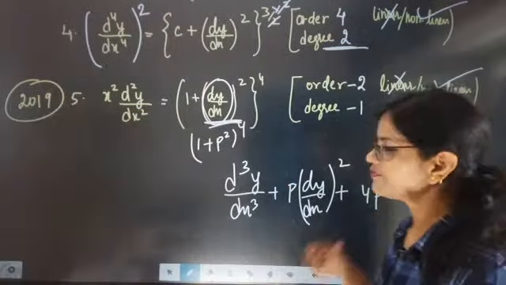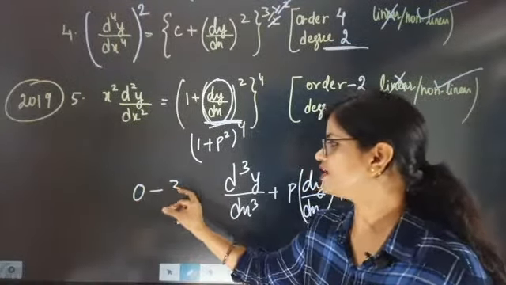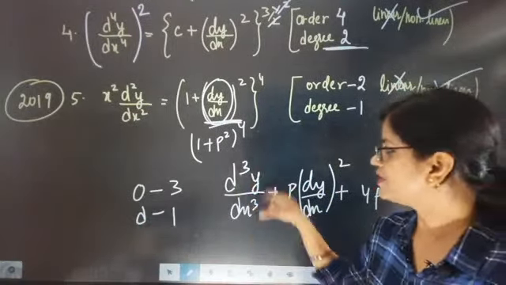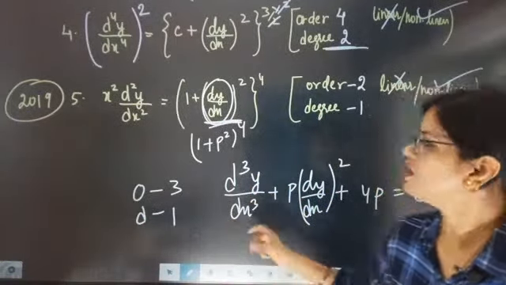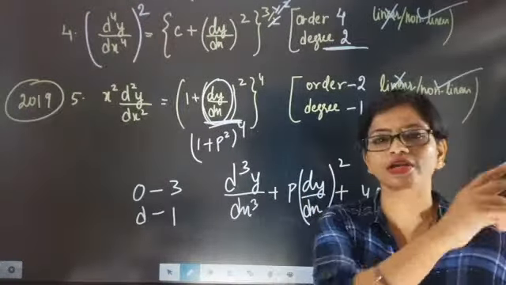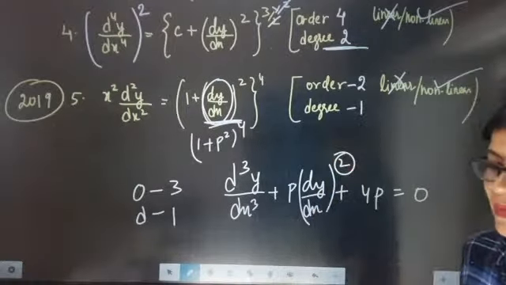So this is again a differential equation. Now here you will say order is 3 and degree is 1. Okay, but here order is 3, degree is 1 for the highest one, but successively it is not in the polynomial format. So here dy by dx is having power 2.